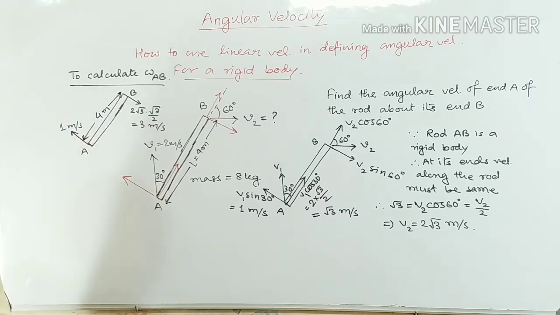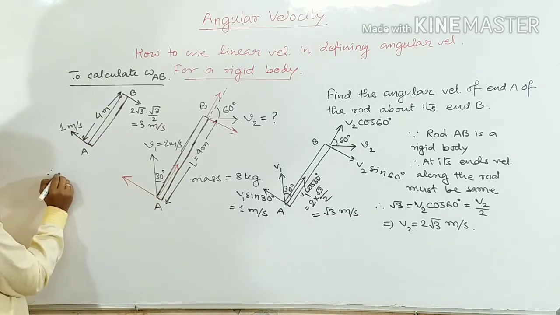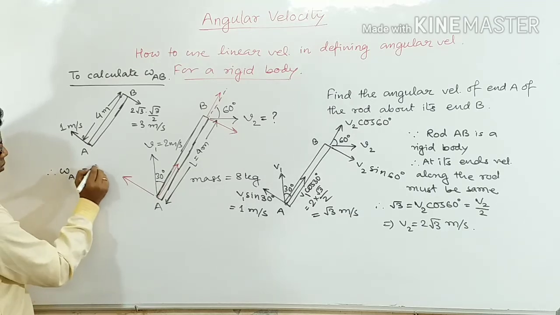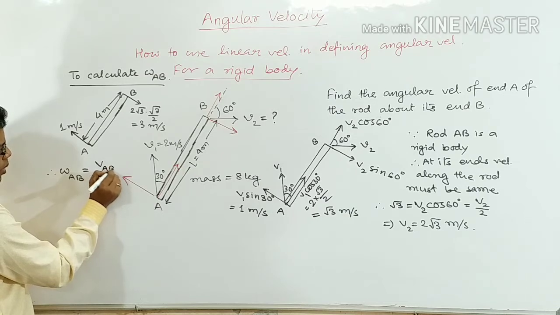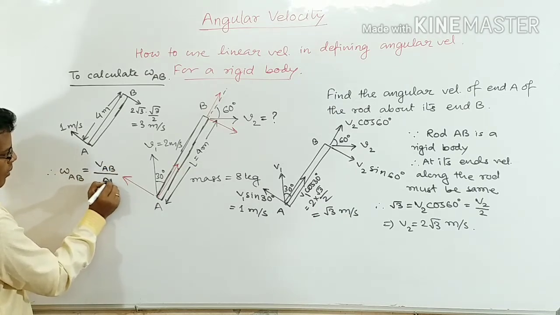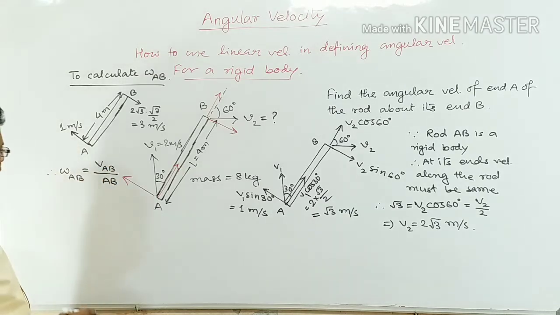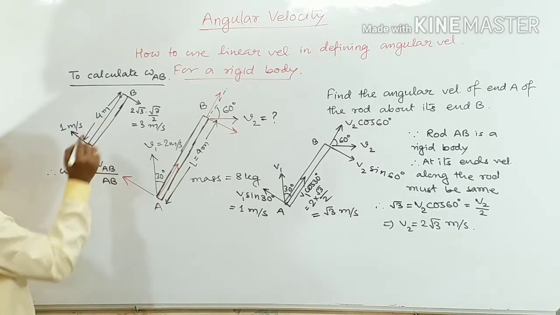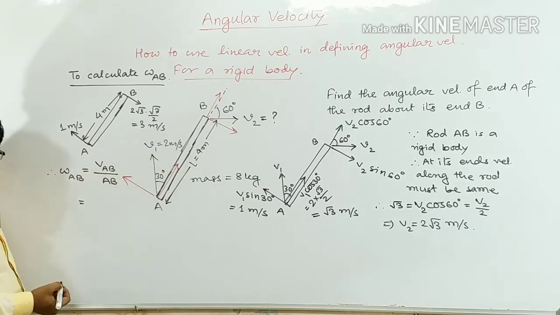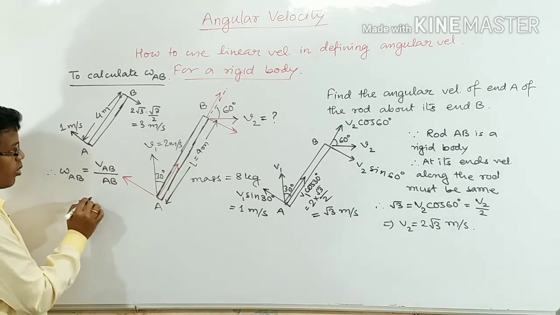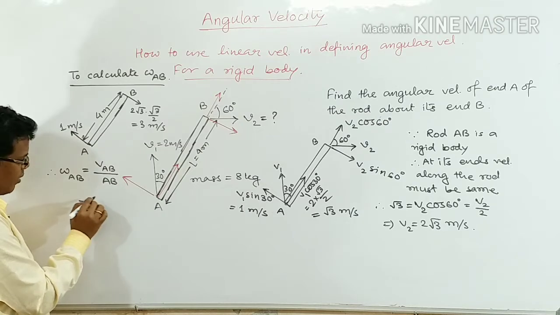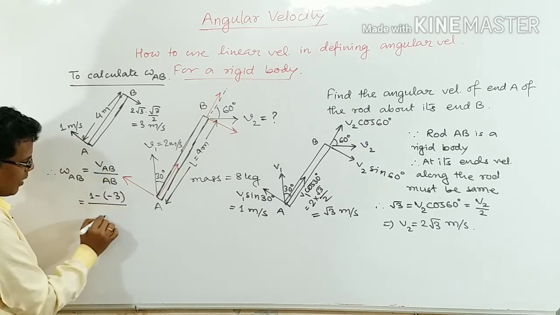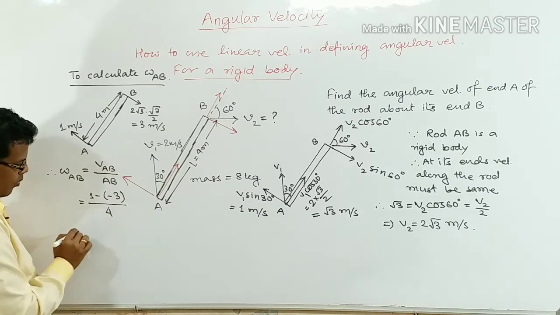Okay, so we can calculate omega A about B, provided we get the velocity of A about B divided by the length AB. The velocity at A about the end B, being perpendicular, because we are discussing the term perpendicular to AB, will be 1 minus of minus 3 divided by the length, which is 4 meter.